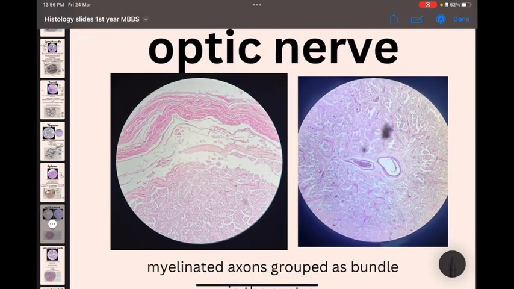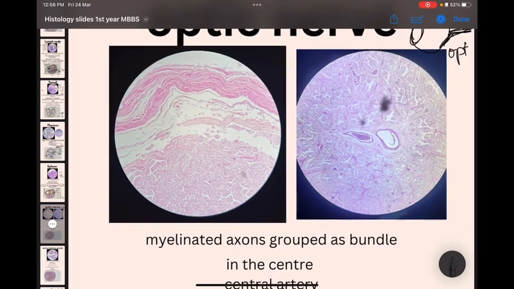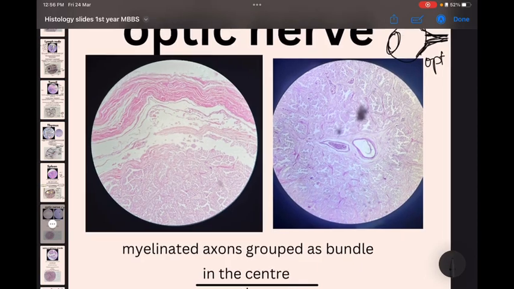Optic nerve, you know the eyeball, right? This is the eyeball, and the nerve that connects the eyeball like this is the optic nerve. This is a cross section of optic nerve.